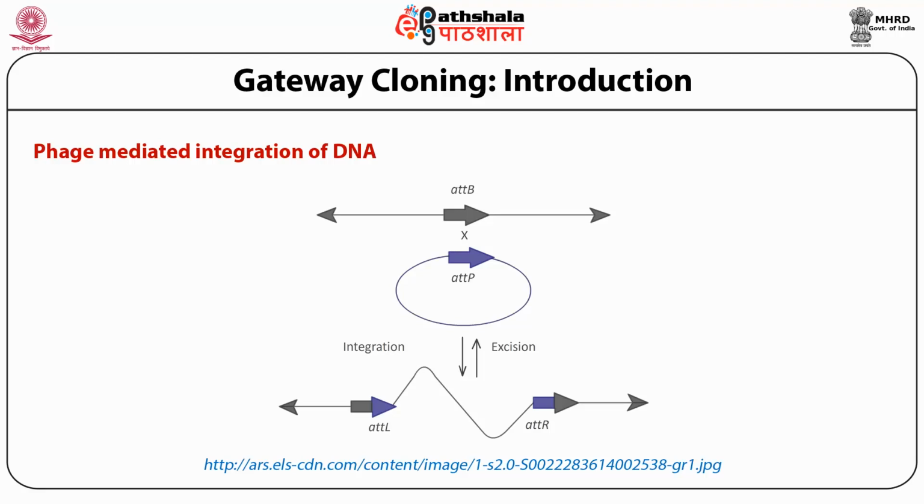This entire reaction is called integration, where attB and attP sites are involved. However, this reaction can be reversed, and we can get back the attP site as well as the attB site restored, where the attL and attR sequences can recombine and excise out the phage DNA.